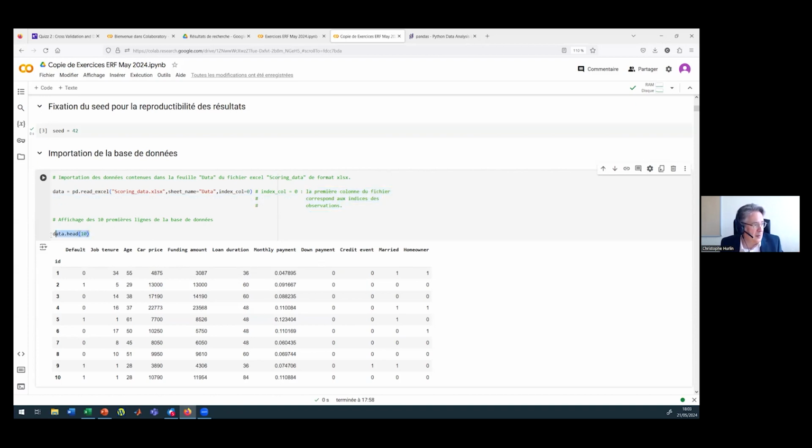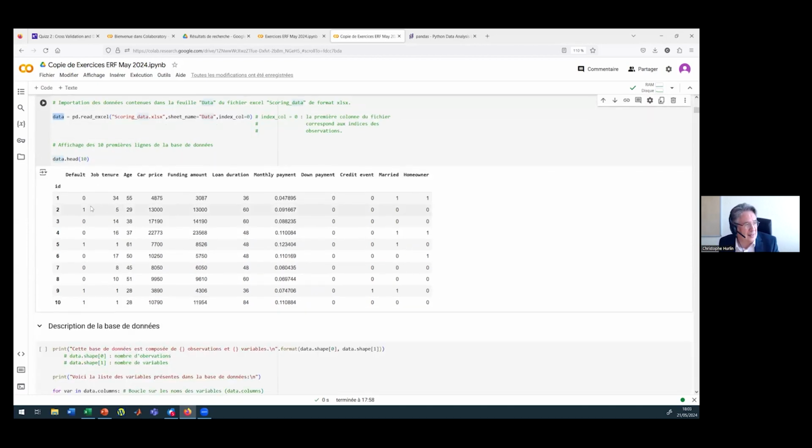And then I save all the data in a structure, whatever the name of this structure, and the name of this structure is data. Then by using the command data.head(10), I want to display the first 10 lines of my data structure.